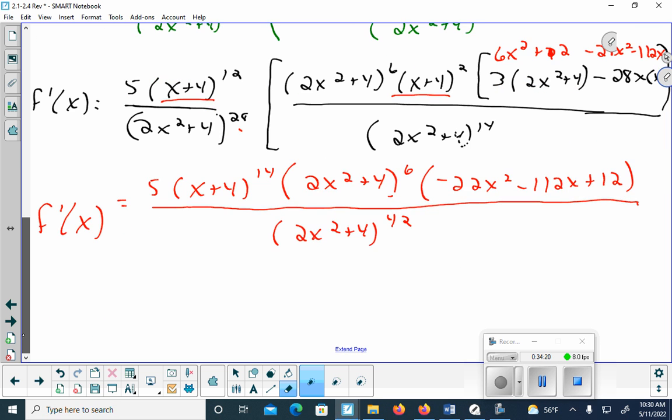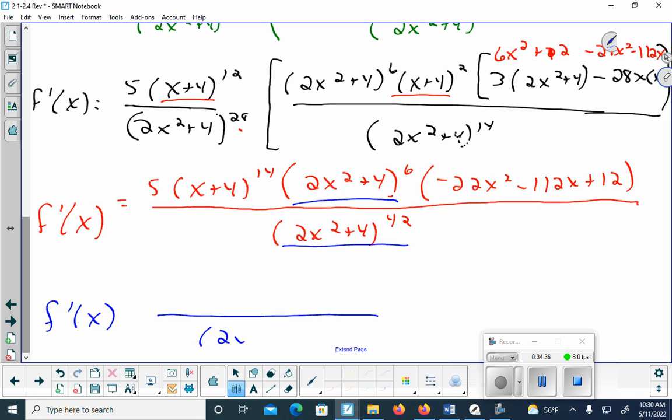And you factor out a 10. Here, these I have here and here, yes? So what do I do with the exponents? You subtract them. So this will end up being 2x squared plus 4 subtract 36. You're factoring out a 2, right? Can I factor out a negative 2?